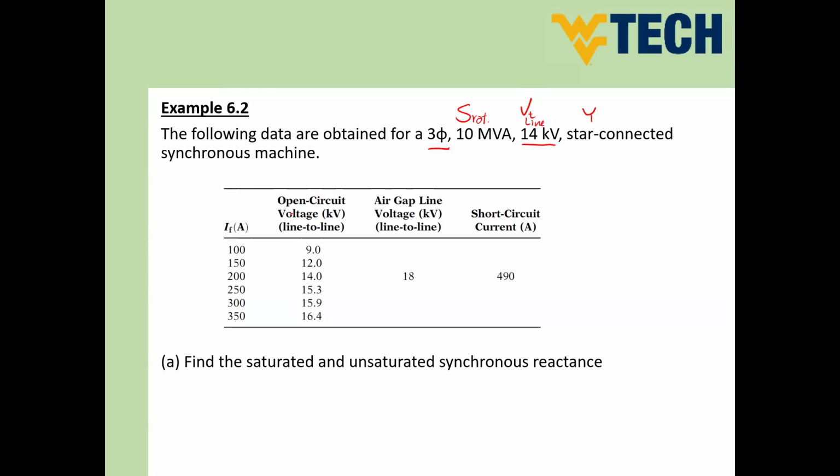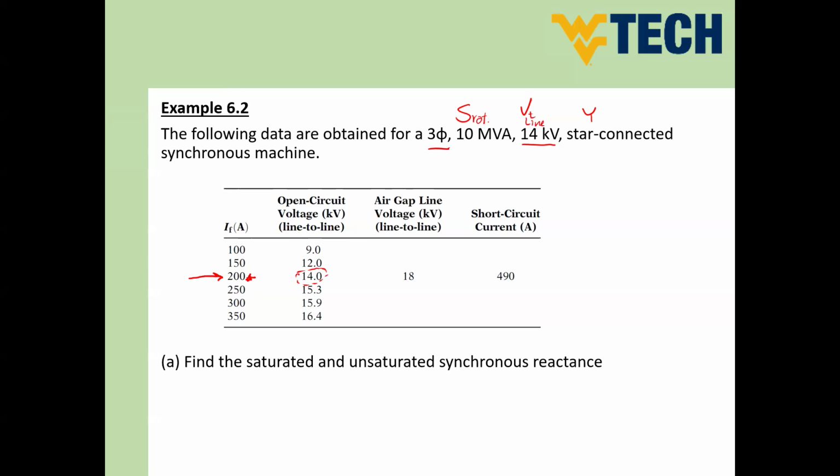And these are the data given here in this table. As you can see, in the first column you have the different values of the field current. In the second column, you can see the open circuit volt in kilovolt, line to line. This is a measured value. As you can see also, the point here is the rated value, which means this is the field current at rated value.